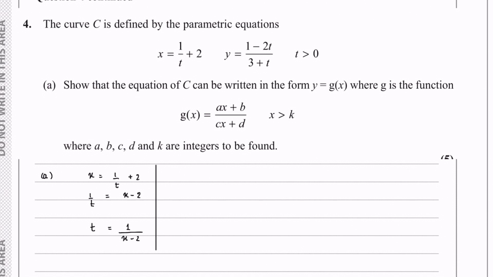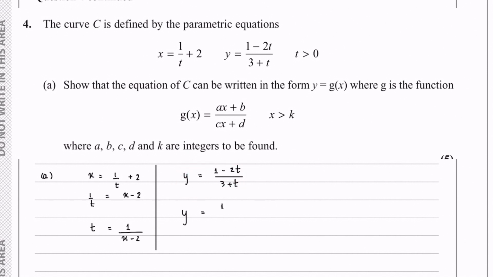And then we substitute t into the other equation, which is the equation of y. So from y equals 1 minus 2t over 3 plus t, we substitute t equals 1 over x minus 2 into this equation.